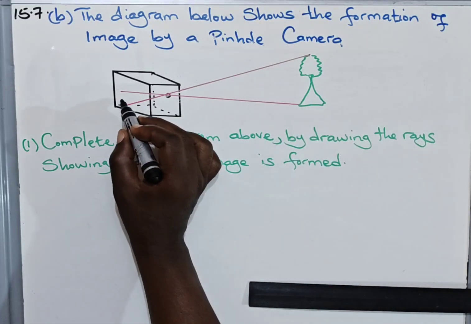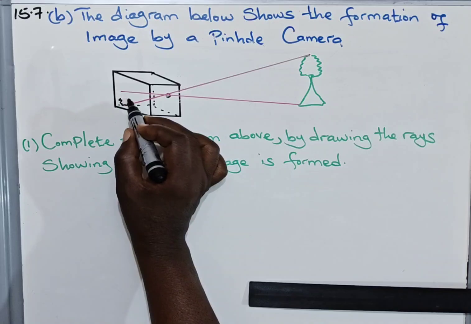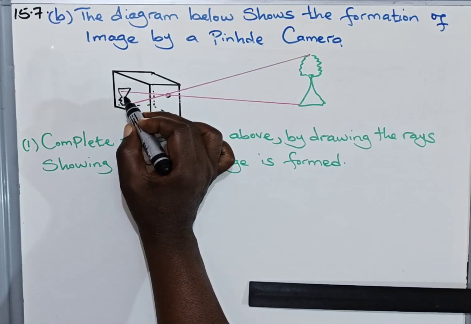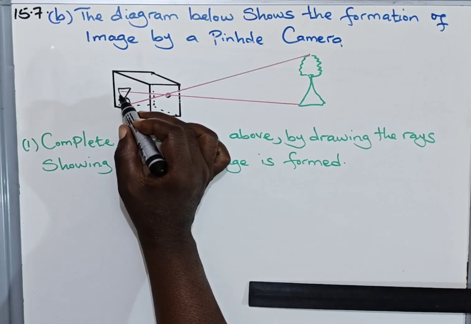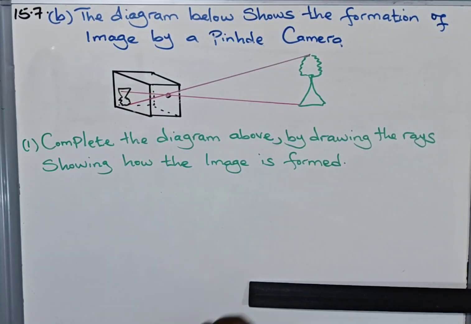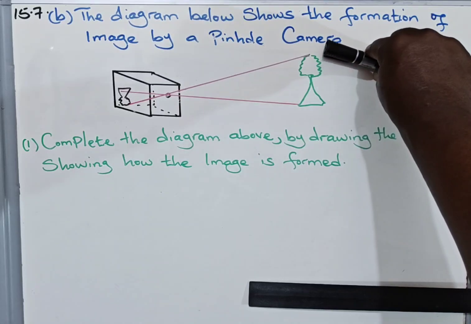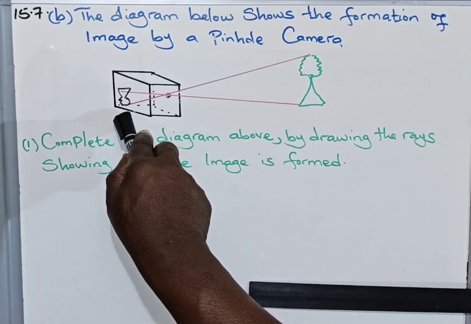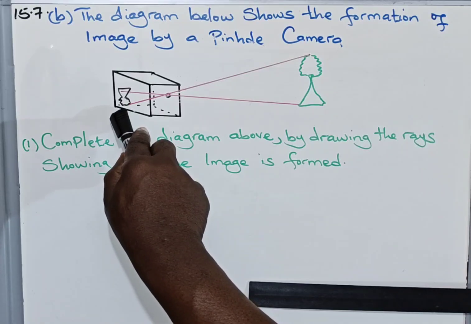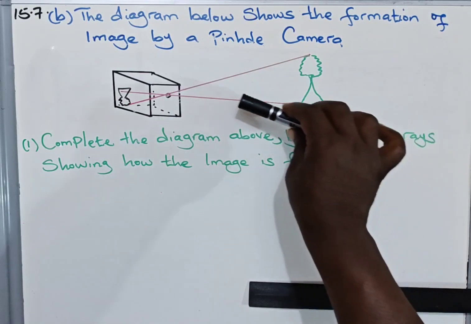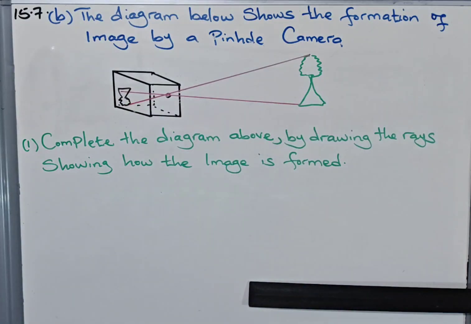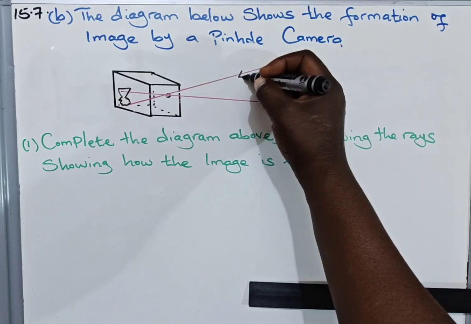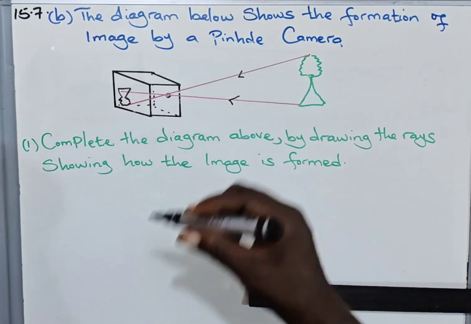Our image is inverted. Inverted means what is on the top of the object is the bottom on the image. And what is the bottom of the object on the image? It is the top. So indicate direction. So they are coming like that and like that.